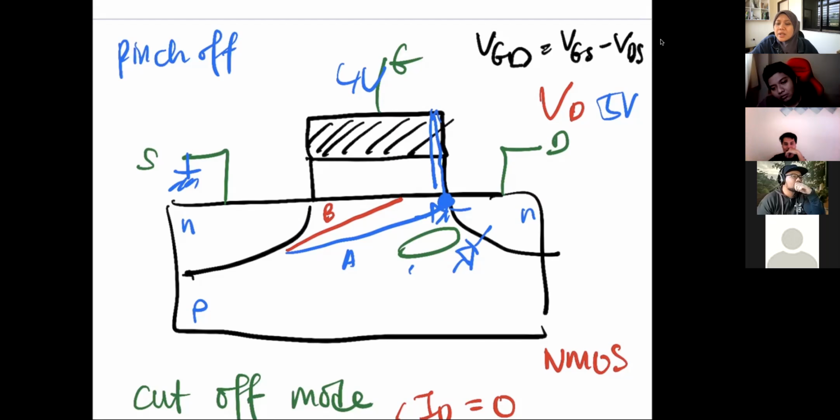And why is it saturating? Why doesn't it change? Right, the saturation current is more or less constant. Even if you increase VD more, meaning in connection A or B, the current is the same. Why? Or roughly the same. Who wants to try?